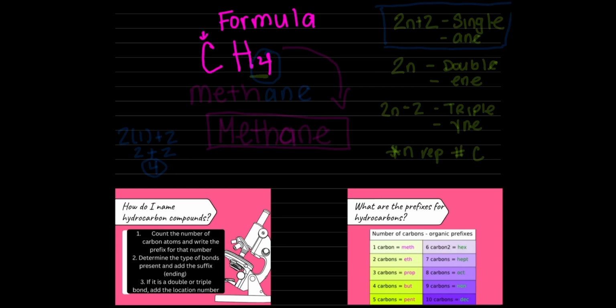When I look at the subscript, it is the number that's next to that element symbol. So in this case, carbon does not have a subscript. So that means that carbon is just 1. So since carbon is just 1, I'm going to go down to look at my prefixes for carbon. And my prefix for carbon, which is 1, is meth. So I am going to write the prefix meth, because I only have 1 carbon.